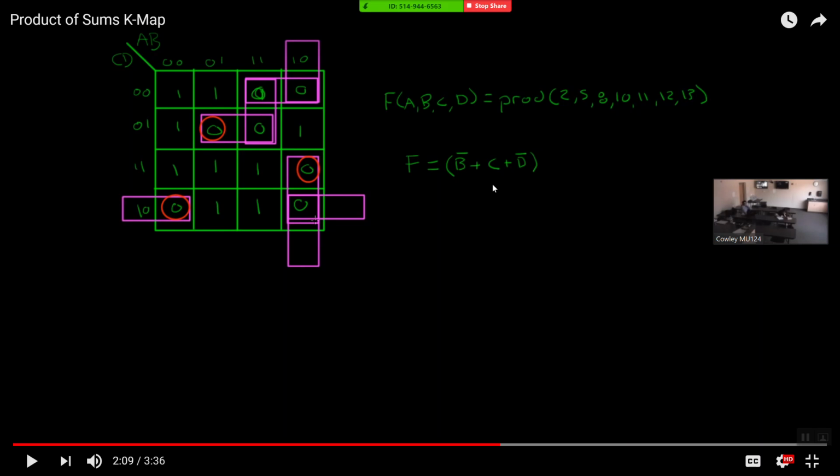This might be a little bit easier to use, definitely where you have 4 variables. So again, we're focusing on these two down here now.